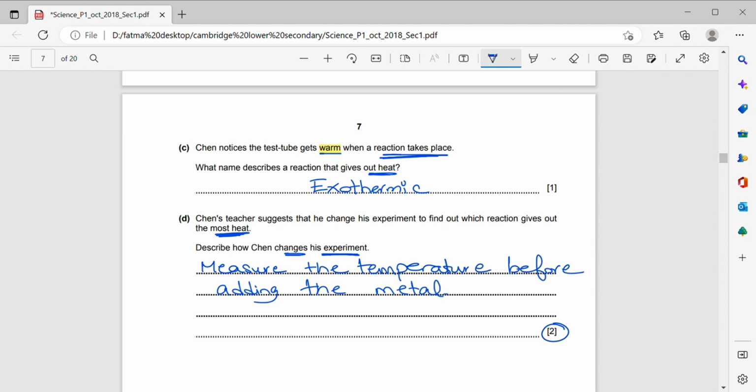Point number 2 is measuring the temperature after adding the metal. By this, he could know which one gives out the most heat.